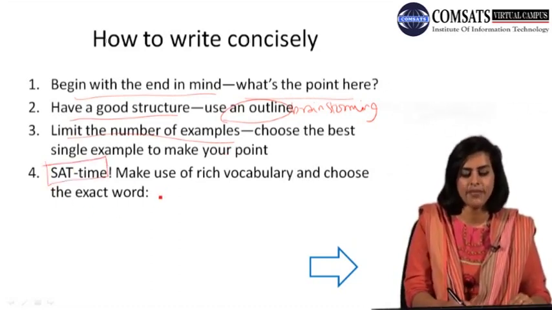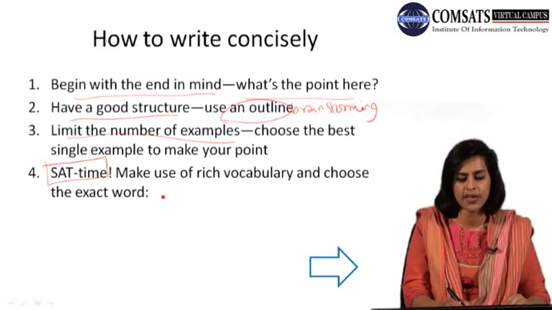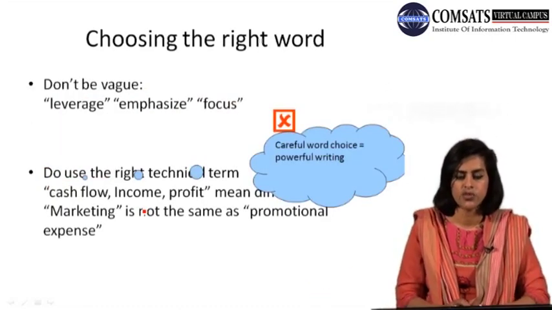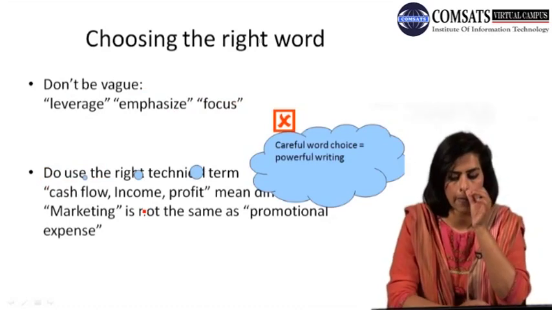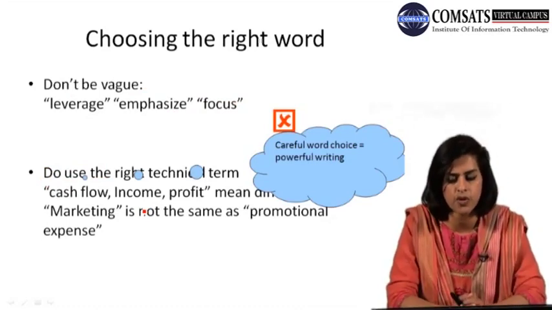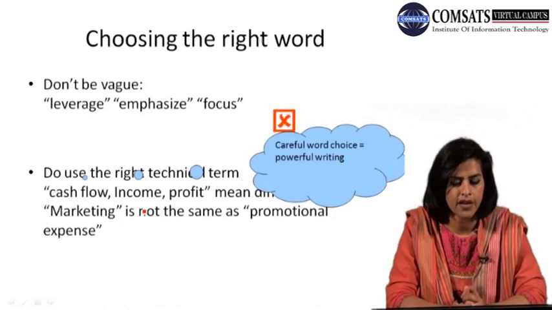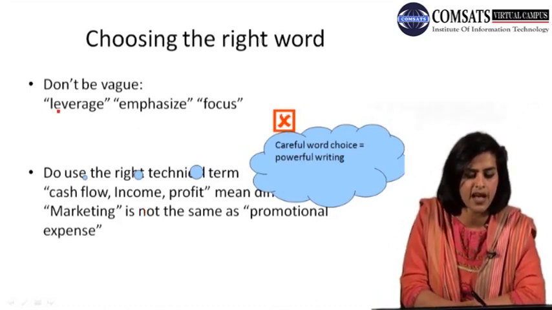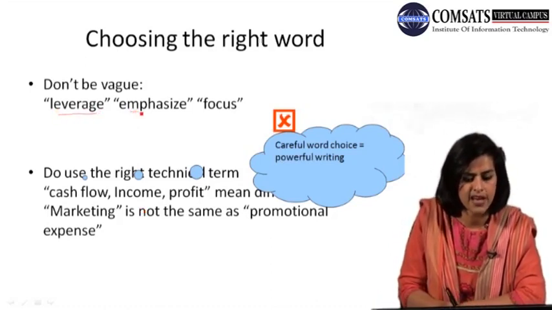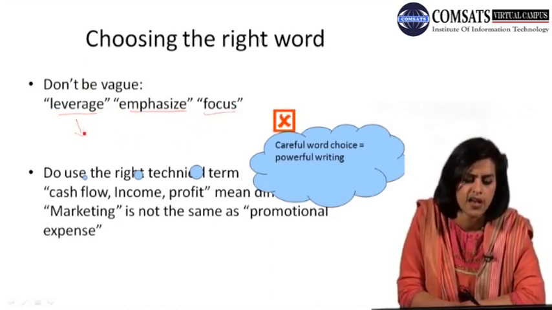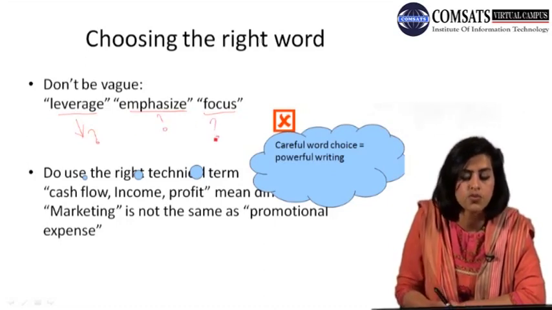Another technique is to make use of rich vocabulary and choose the exact word. This is what we are going to see in the next slide. Choosing the right word: be careful with word choice, because you want to produce powerful writing. Don't be vague. For example, if I say I have given you the leverage, or I emphasize, how much do you emphasize, and how much leverage have you given?